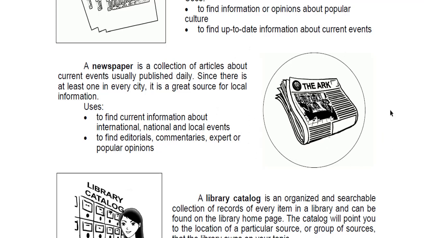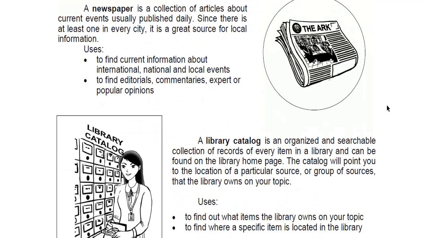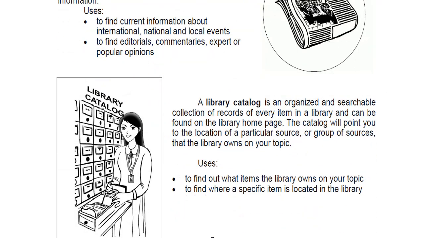in the newspaper. And we have here the library catalog. The library catalog is just like the one in the picture. It is an organized and searchable collection of records of every item in a library. If we have a table of contents in a book, in a table of contents you can find the topic and the corresponding pages in a book.